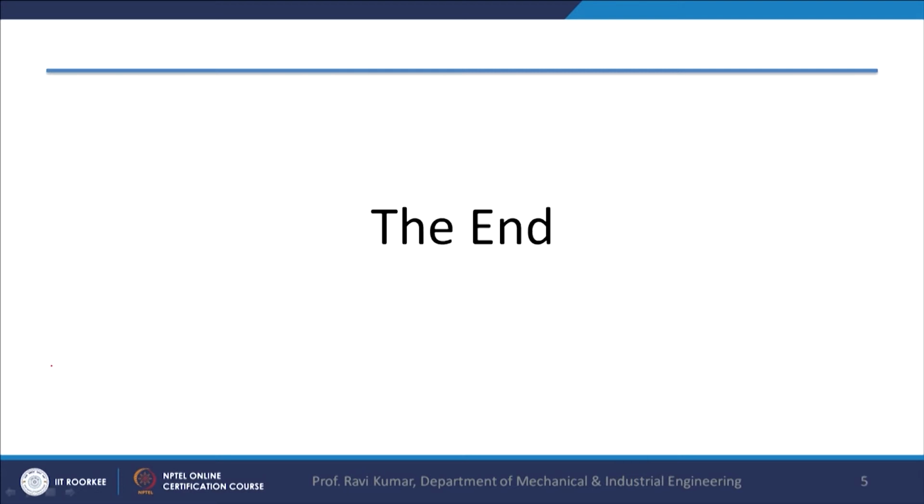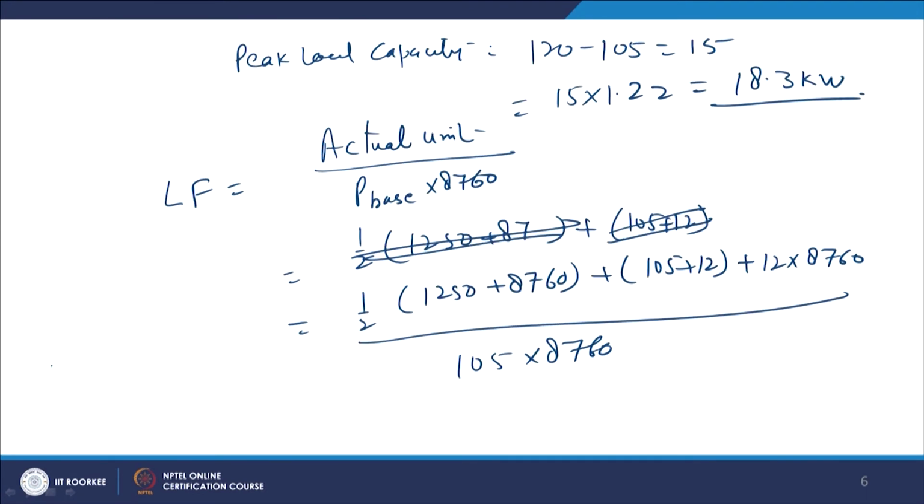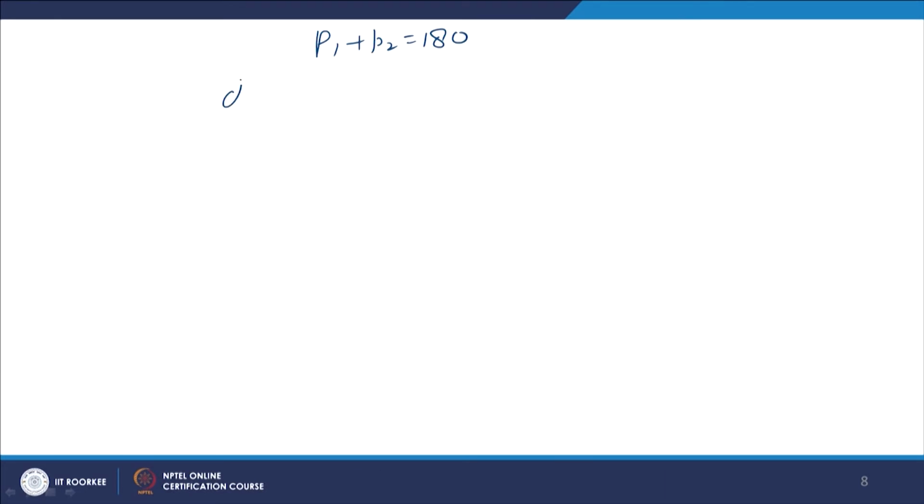So simply, first of all, we will take P1 plus P2 is equal to 180. It is given here, 180 kilowatt. For economic loading, this has to be equal to this: dF1 by dP1 is equal to dF2 by dP2.